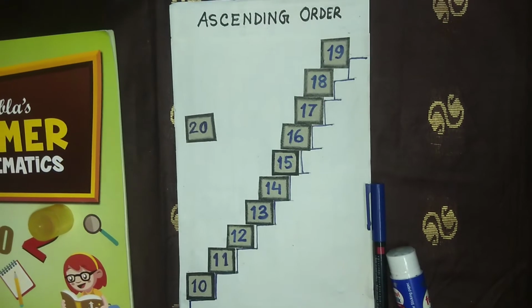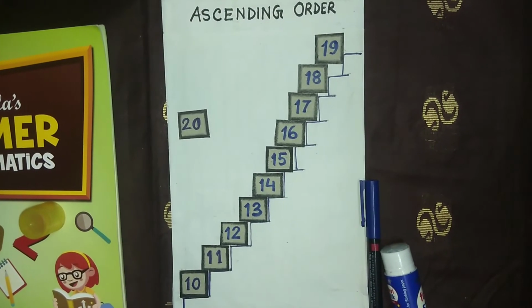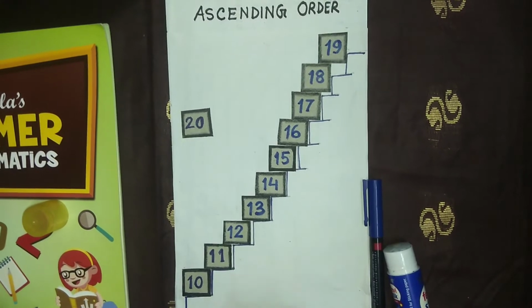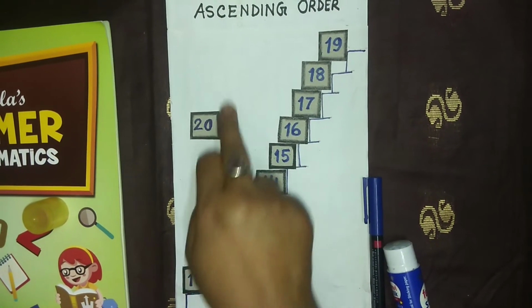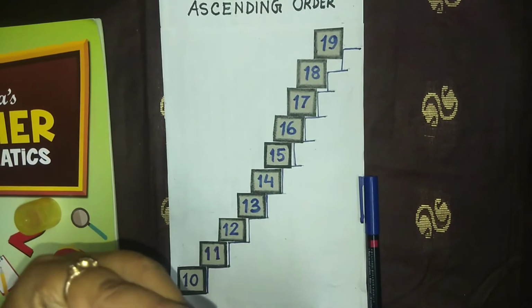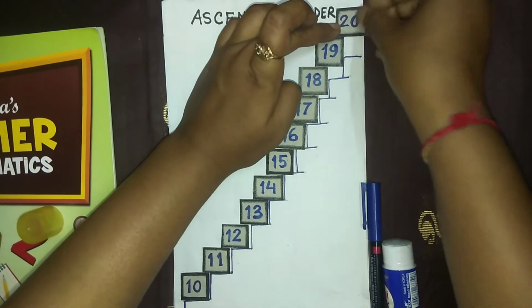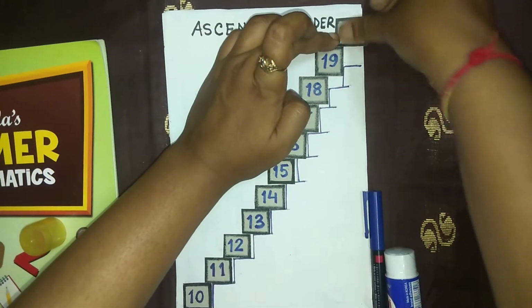And after 19, which is the last number? Only the number 20. So I'm taking this, the last number, and pasting it here.